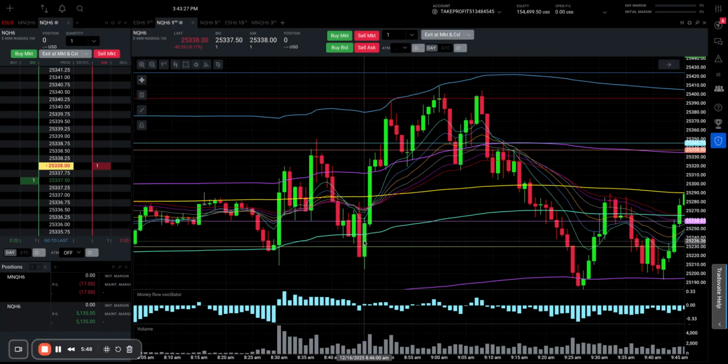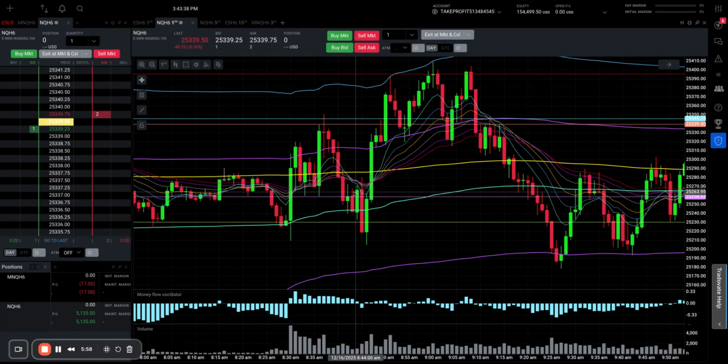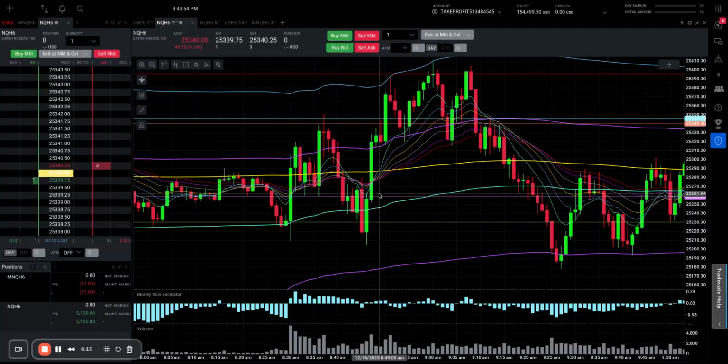Okay, if we would have got a wick right here, I would have got into a sell and then rode it down. But because it plowed through, okay, and then this green engulfed this red candle right here, the minute you get back above and you engulf this area right here, this body, you want to be getting buys. And so you'd want to get a buy here, and you'd want to put your stop loss.